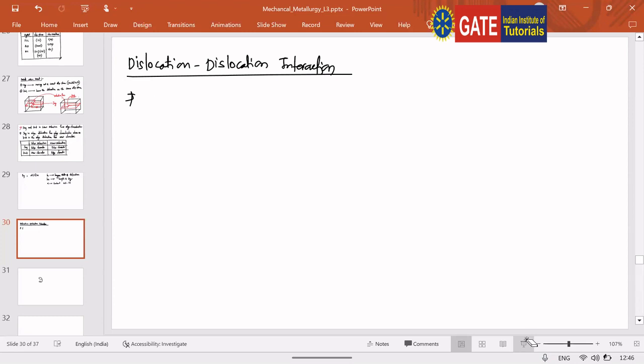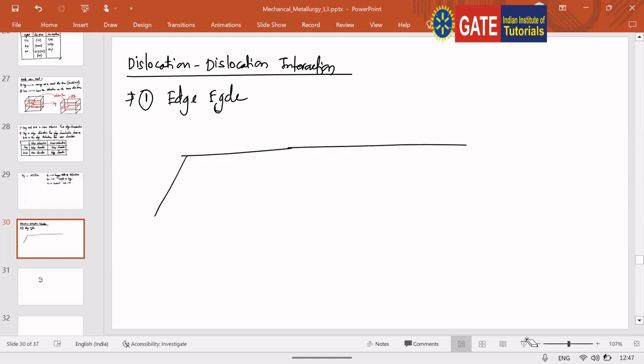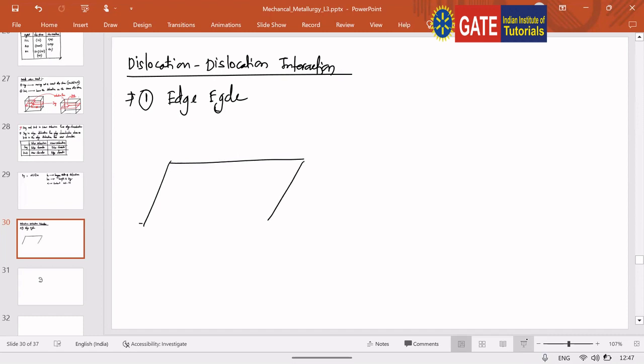Okay. So let's start with the first, edge-edge interaction. Two edge dislocations, if they are interacting together, what will happen? So let's see one edge dislocation. This is one slip plane.